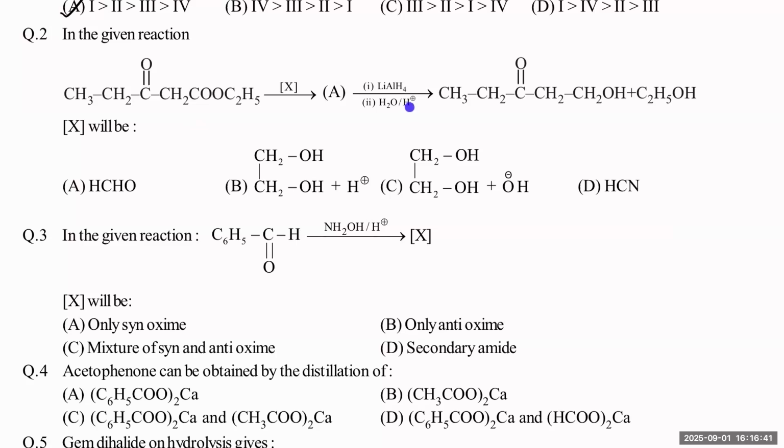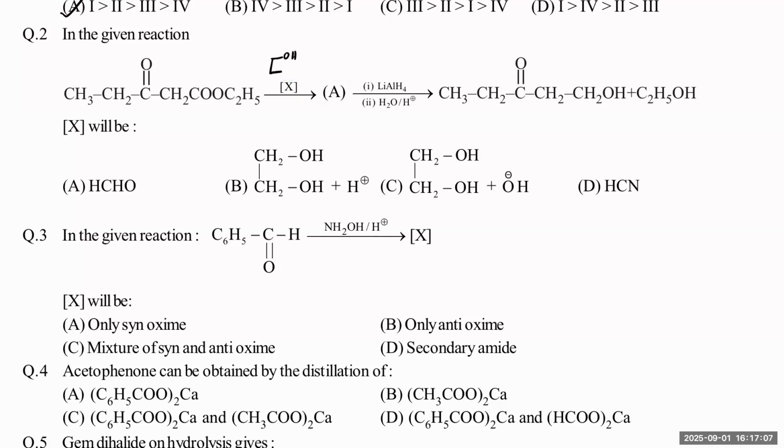Even after adding lithium aluminum hydride, this group is not getting reduced. Do you remember, this is only possible if there is an acetal group present on it, isn't it? So the A must have been some acetal formation. So what should be X here? X has to be glycol.